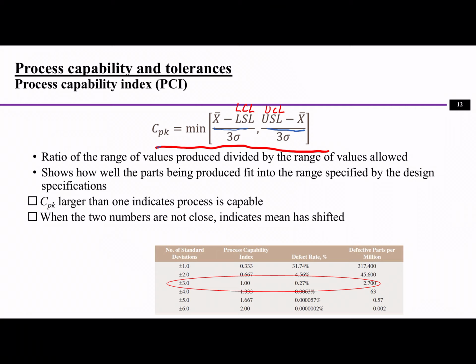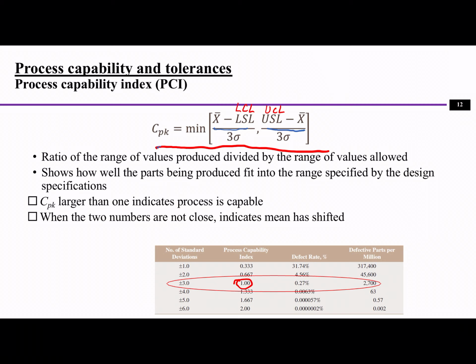All right. So if you look at plus or minus 3 sigma, the process capability index is 1, right? Because if it is 3 sigma, then x bar minus lower control limit will be 3 sigma, and upper control limit minus x bar will also be 3 sigma. So 3 sigma divided by 3 sigma will be 1, right?